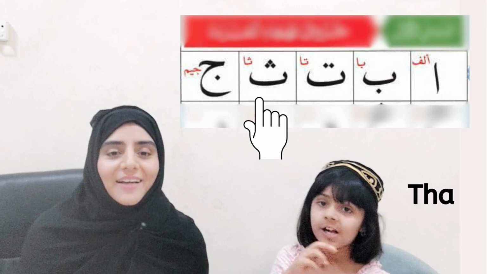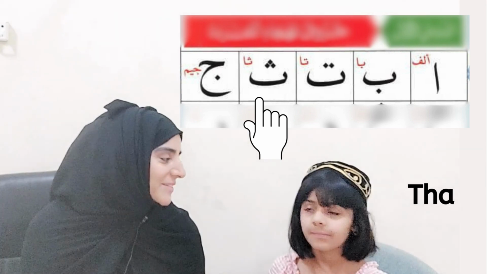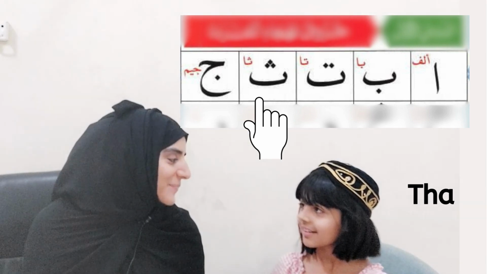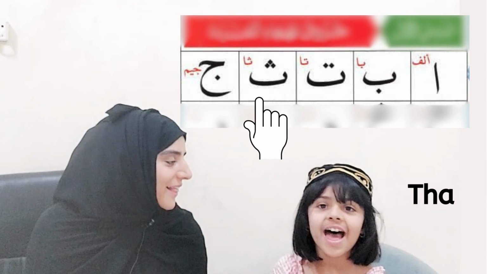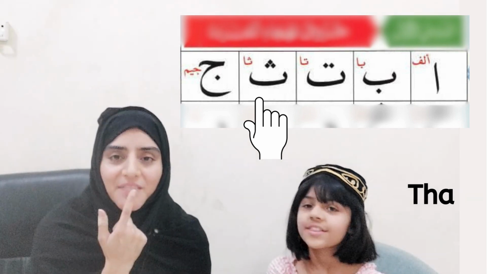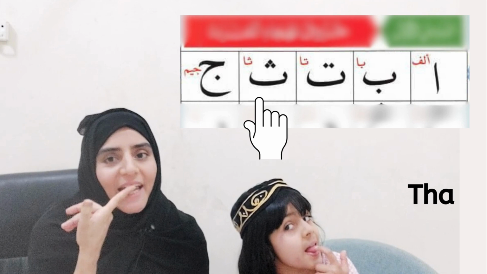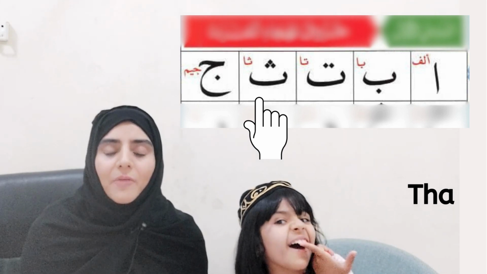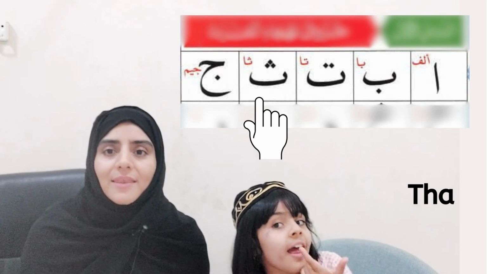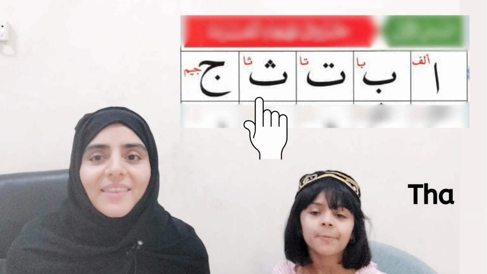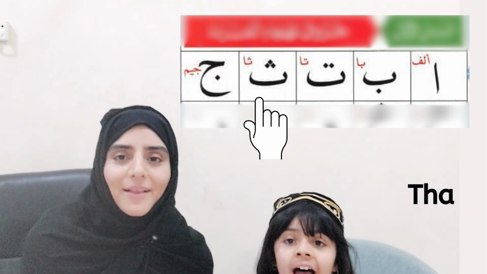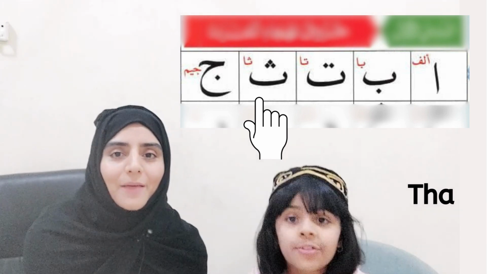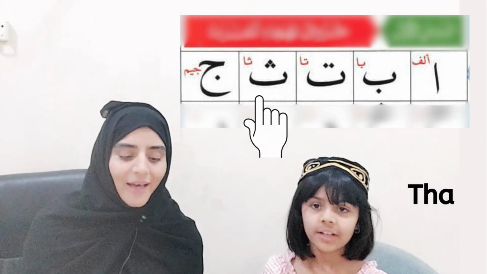So time to make some silly faces again. Tha. The tip of the tongue needs to touch the edges of the upper 2 front teeth. Tha. Tha. Come closer. Tha.